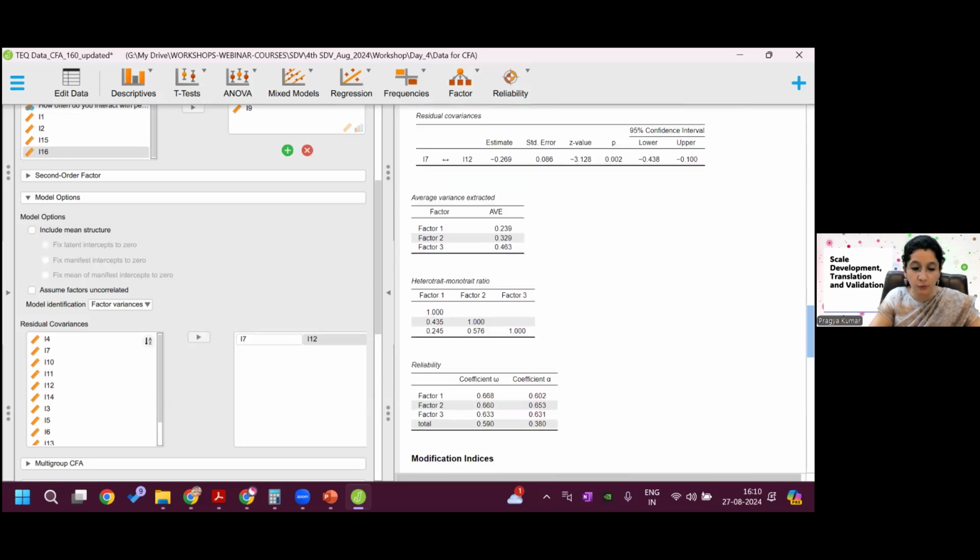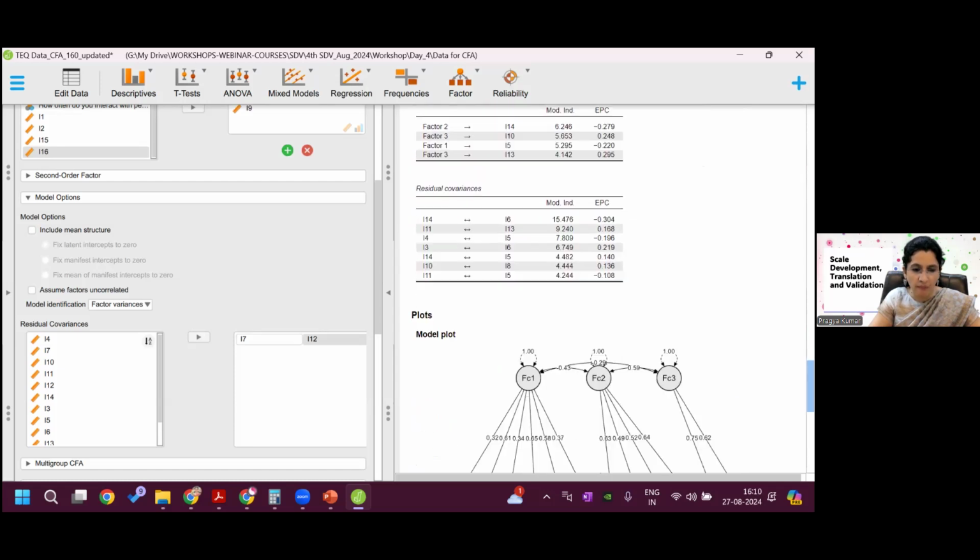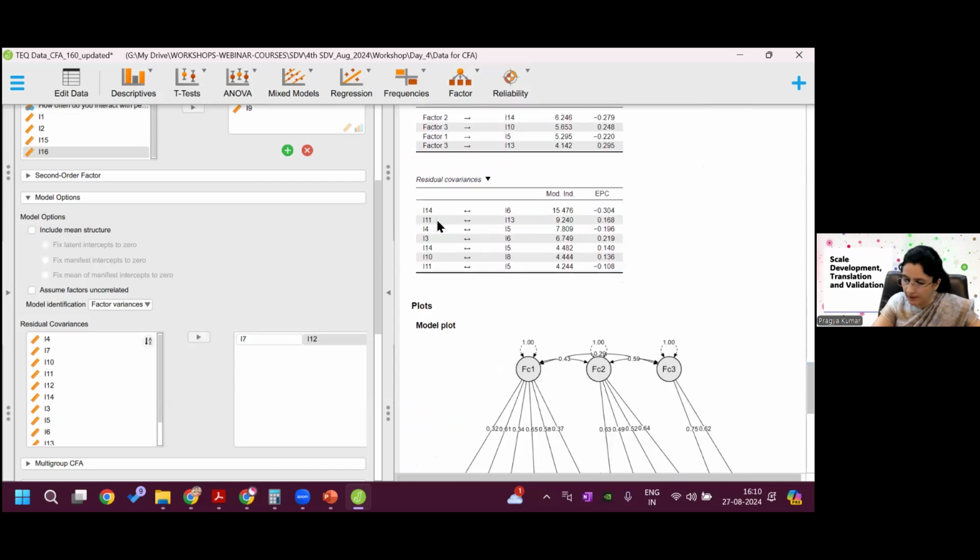Remember, it was 0.86. So the next was between the factor, no, this is there, 11, 14, 16, no, 11, 13, no, 4 and 5, again no, 3 and 6. Yes, 3 and 6 in factor 2.